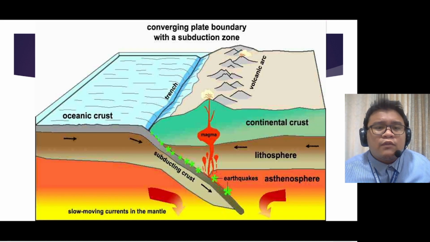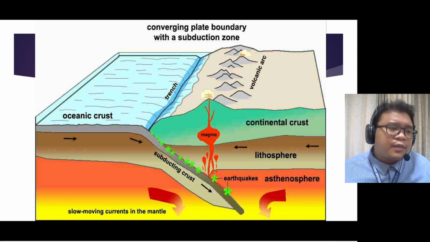Now, for example, in a typical subduction zone between a continental and oceanic crust, if the oceanic crust subducts under the overlying continental crust, then we can expect that a trench system is formed.